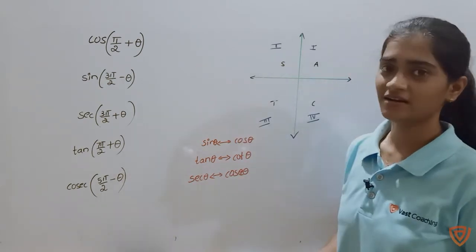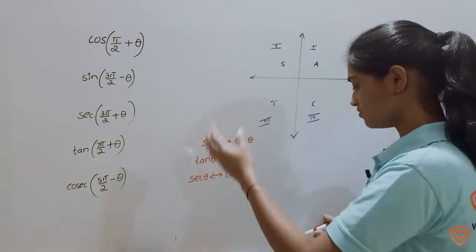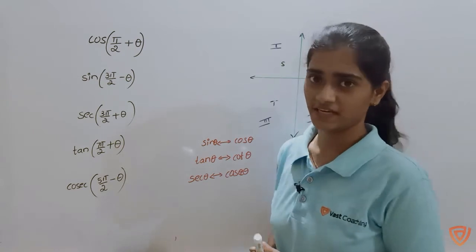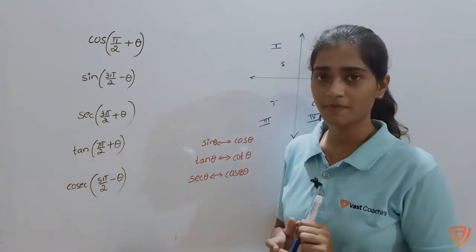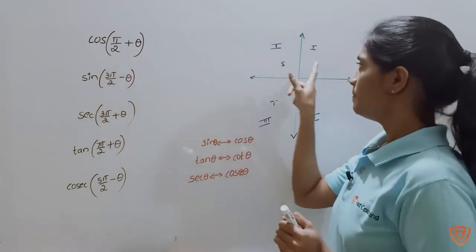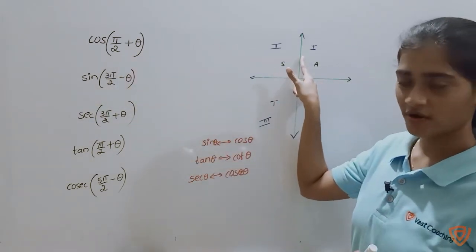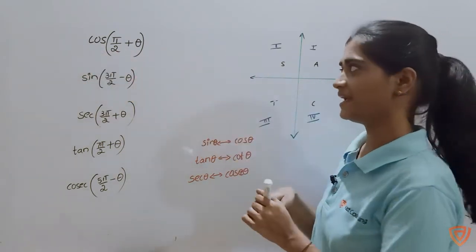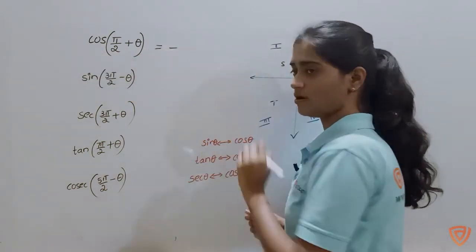So let's start on how to write the values of these trigonometric ratios. So cos of pi by 2 plus theta. First of all, step number 1 is you check the quadrant. Pi by 2 is in the first quadrant, plus theta, it falls in the second quadrant.